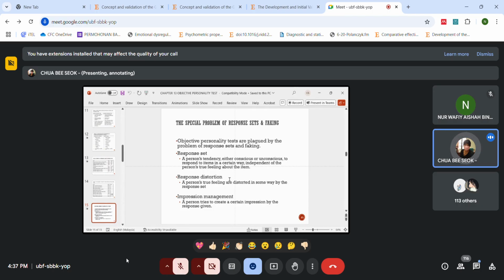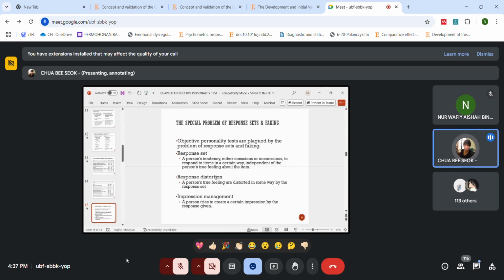They just respond randomly without reading the item, without understanding the item, or maybe the item is blurred to them, but they still respond.